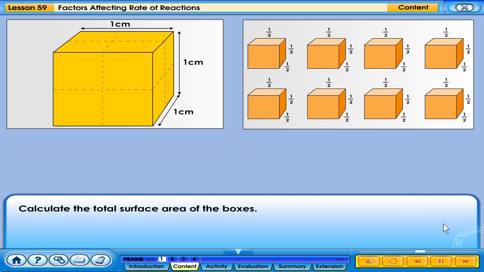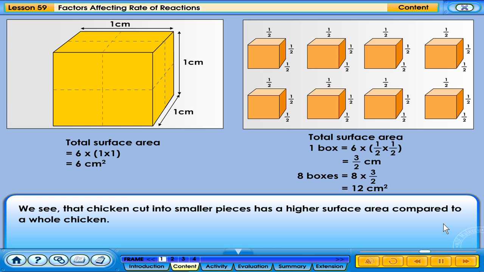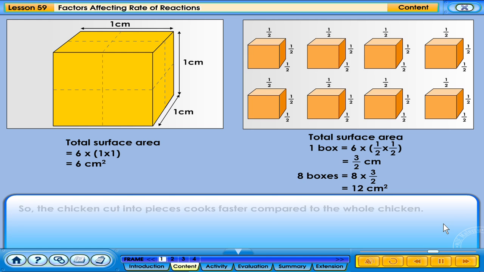Calculate the total surface area of the boxes. We see that chicken cut into smaller pieces has a higher surface area compared to a whole chicken. So, the chicken cut into pieces cooks faster compared to the whole chicken.